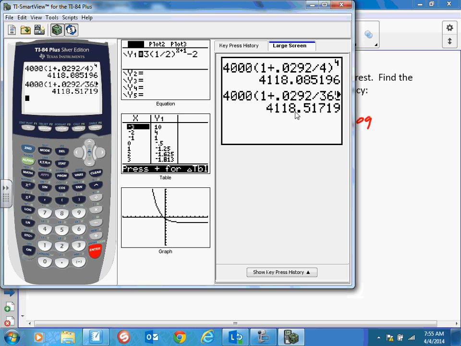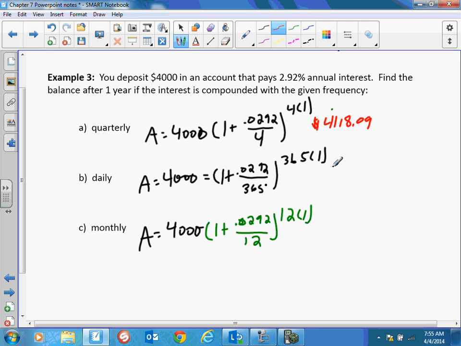You see that this one is pretty much similar, except now it's 52 cents instead of 9 cents. Hopefully you can see that's 52 cents. I'll just write it again. That's better.